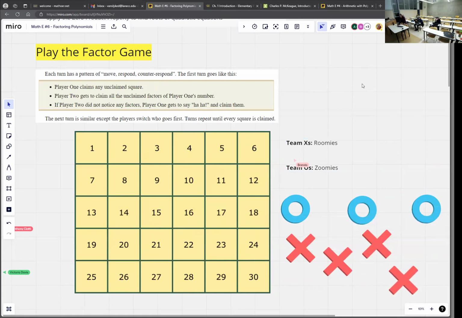Okay. Why don't we have roomies go first? Agree, talk together. But remember the other team can hear you, so if you say something like, don't pick 30, it has so many factors, you're kind of giving them a tip. So 29. Okay, what factors do the zoomies get?